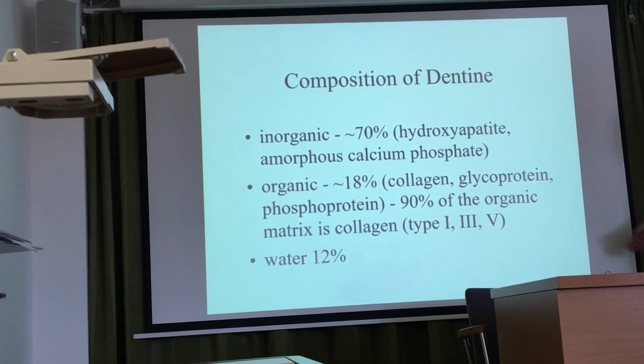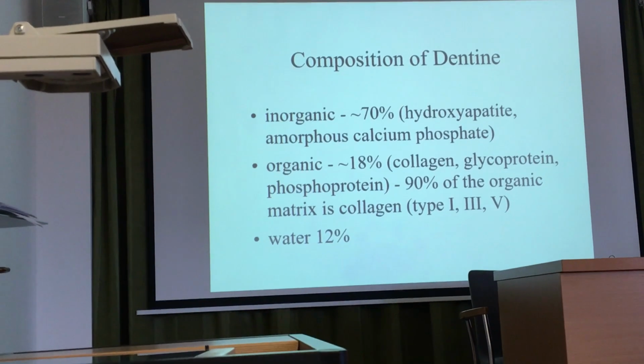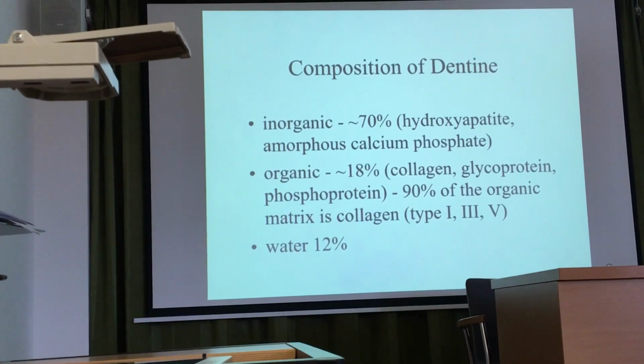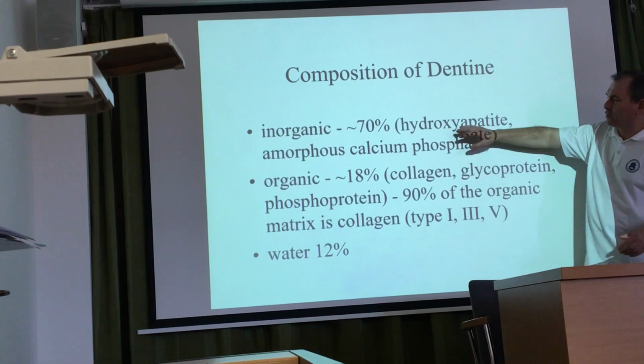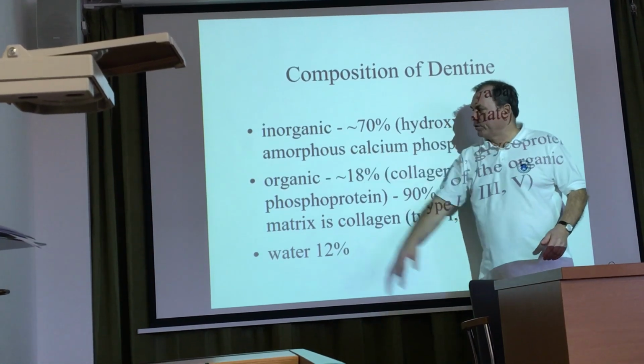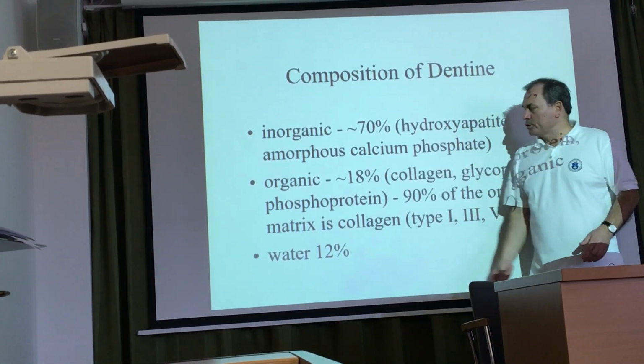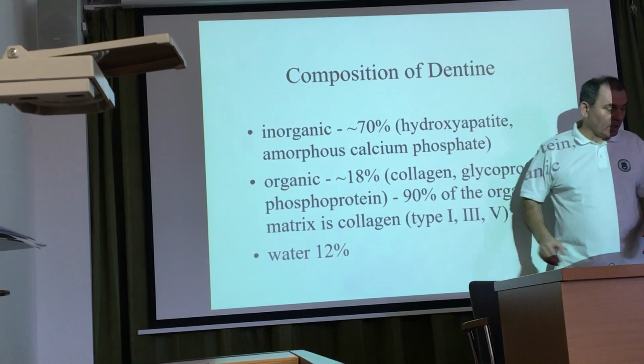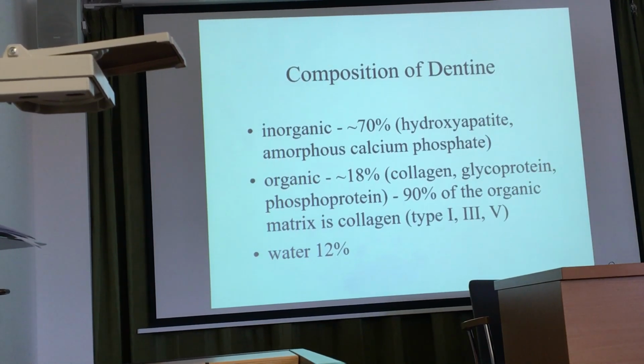And you should know, of course, the chemical composition and characteristics of the dentin. It is inorganic mainly, but we have an organic component which is mainly collagen, but we have 10% non-collagen proteins, for example, phosphoproteins.